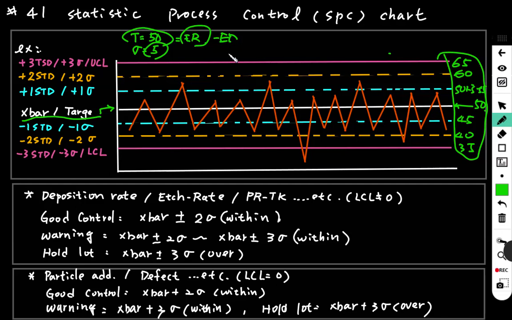It is very commonly used for two situations. One situation is to control deposition rate, or control etching rate, or control photoresist thickness, and so on.